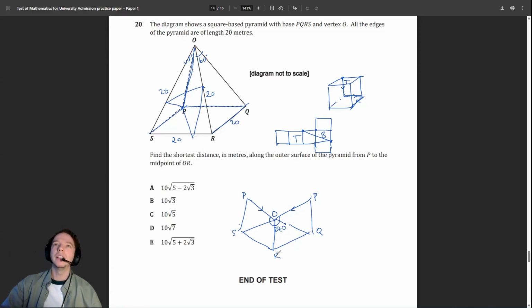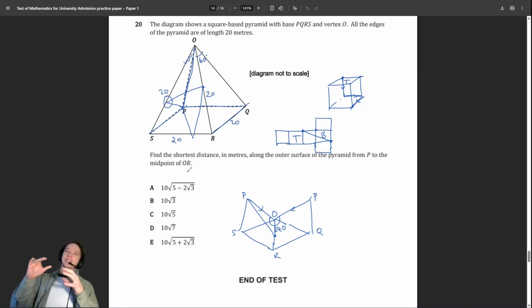Okay. And so the midpoint of OR is here. And I think I've done my picture well because I can see here the straight line like this. My intuition was we would go along here, and there's a pretty good reason for that. You want the curve that has the least curvature, right?